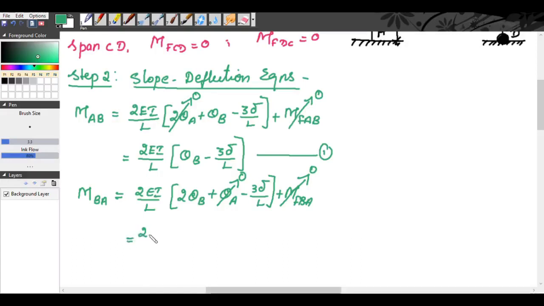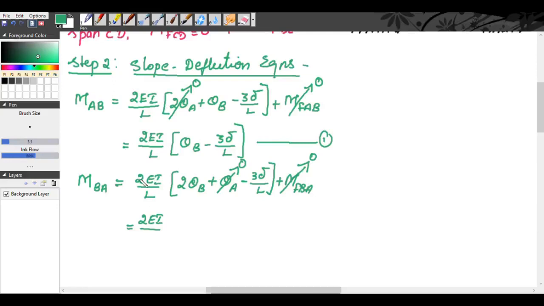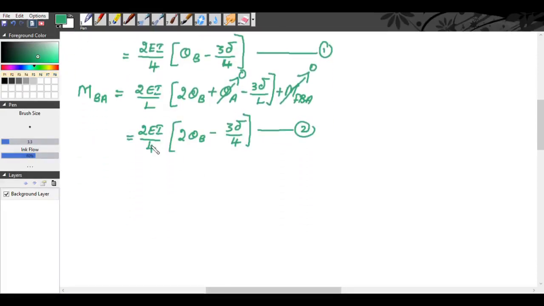What we get is 2EI by L, and L is given as 4 meter, everywhere it is 4 meter. So here we will write 4. So MBA is 2EI by 4 into 2 theta B minus 3 delta by 4, equation number 2. Now the final moments for the first span AB are over.